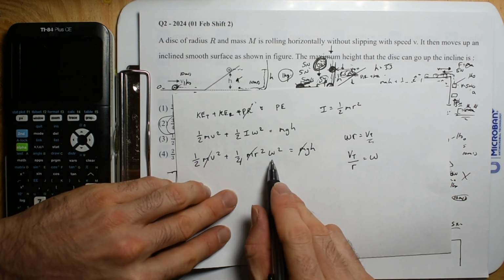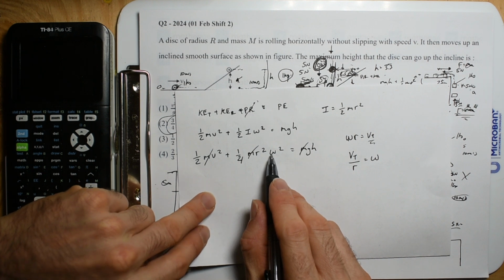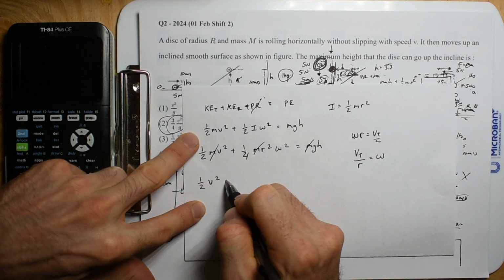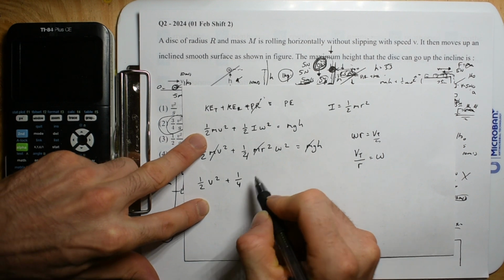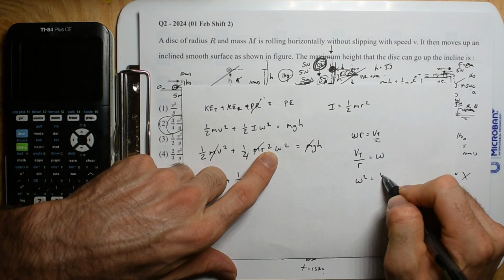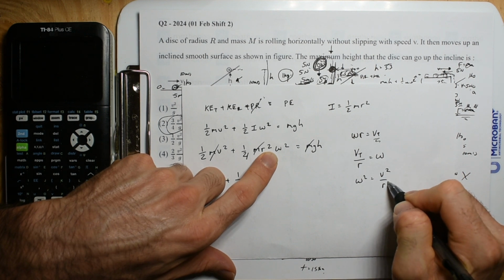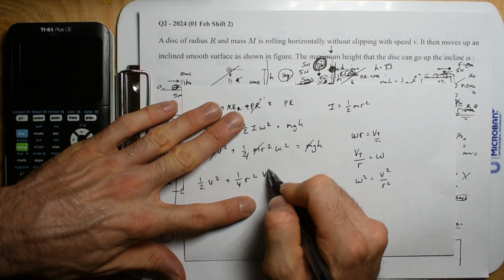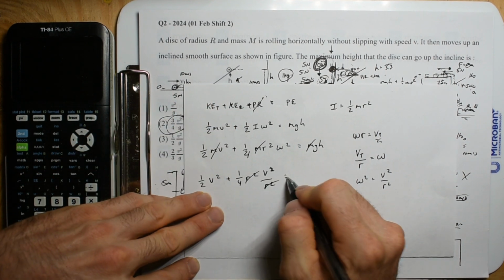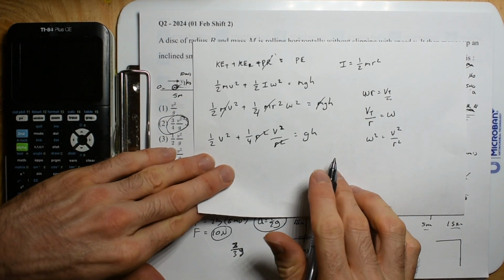So we can actually sub this in here, which we will. Let's simplify this: 1/2 v squared plus 1/4 r squared. So what's omega squared? That's velocity squared over radius squared. Sweet. So we're going to have velocity squared over radius squared. These radiuses are going to cancel. That's going to be equal to gh.